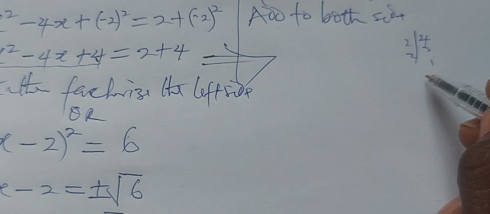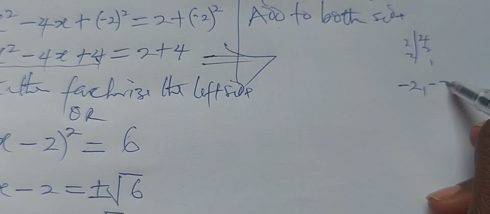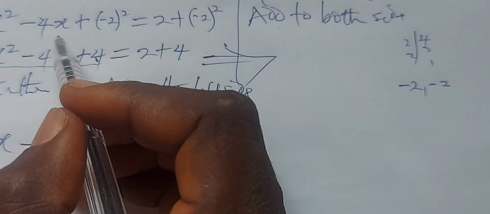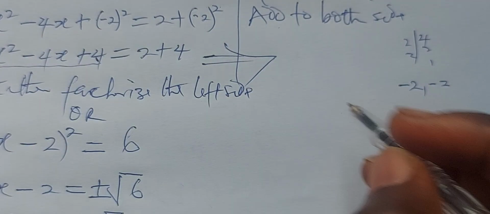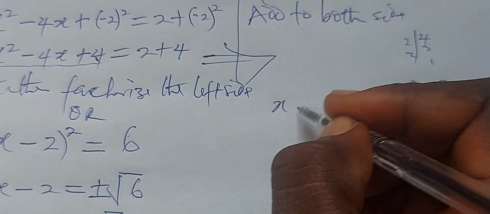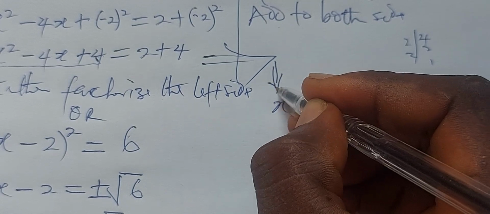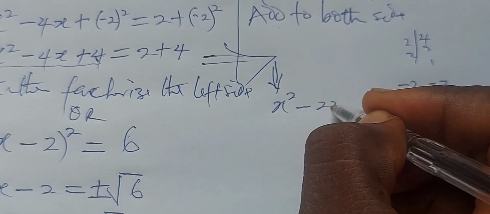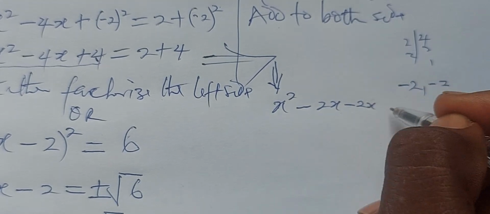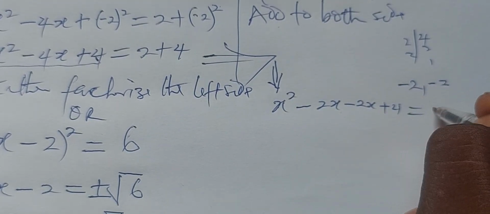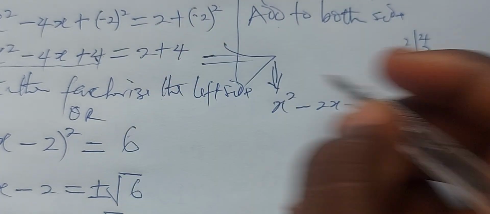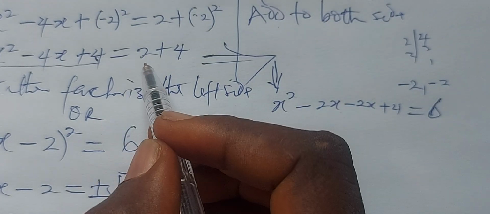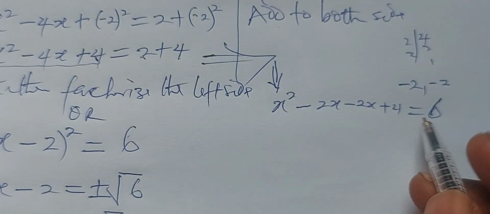So it's equivalent to minus 2 and minus 2, because if you add them you get minus 4. So you now have x squared minus 2x minus 2x plus 4 equals 6. Sorry, 6, because 2 plus 4 will give you this.